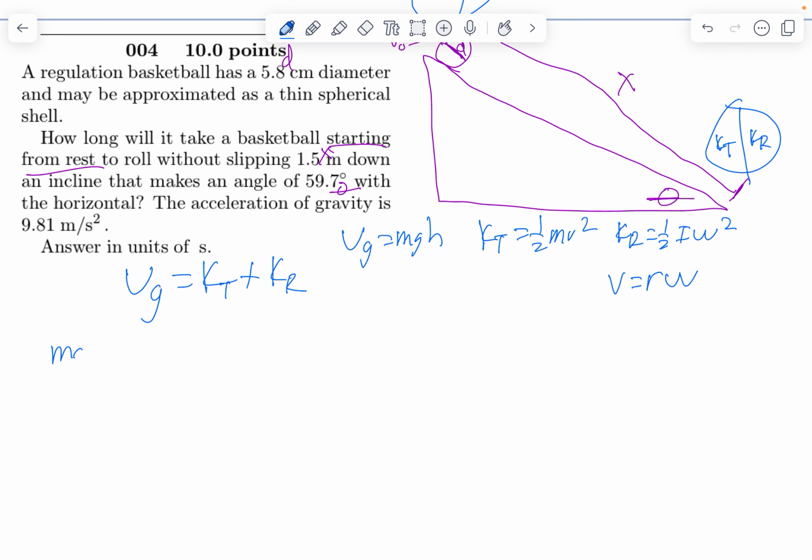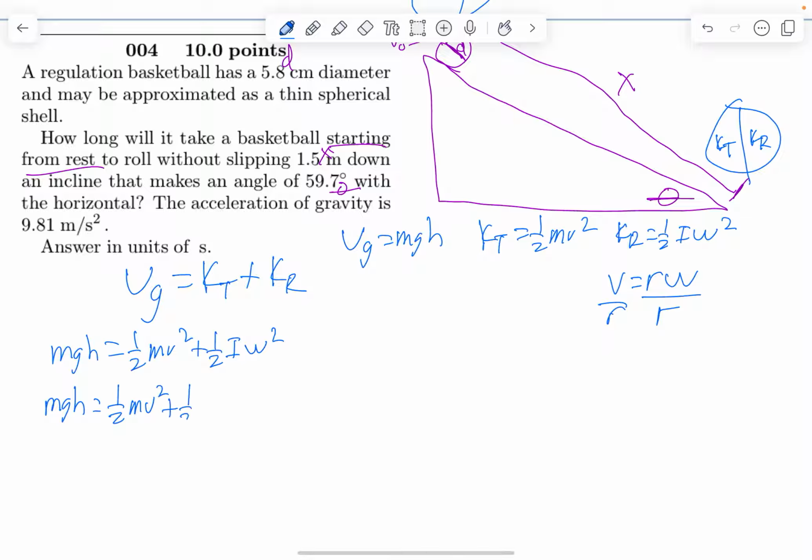So our mgh is equal to 1/2 mv squared plus 1/2 I omega squared. But instead of writing omega, I'll write v over r, right? Solve for omega. So omega will be v over r. So mgh is equal to 1/2 mv squared plus 1/2 I v over r.